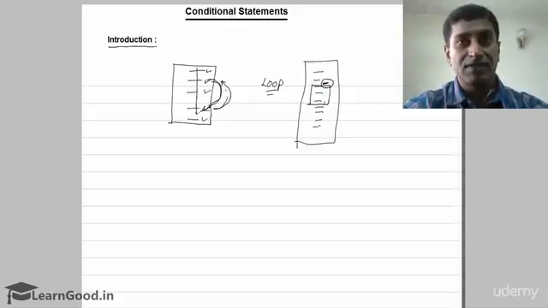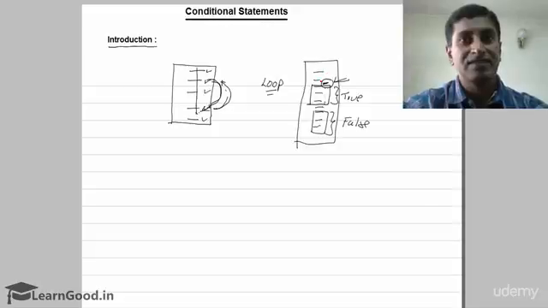If this condition is false, I am not interested in executing these three statements. Three more statements are there that have to get executed. But these three statements shouldn't get executed when this condition is true. When the condition is true, I want to execute this set of statements. When the condition is false, at that time I want to execute the second set of statements.